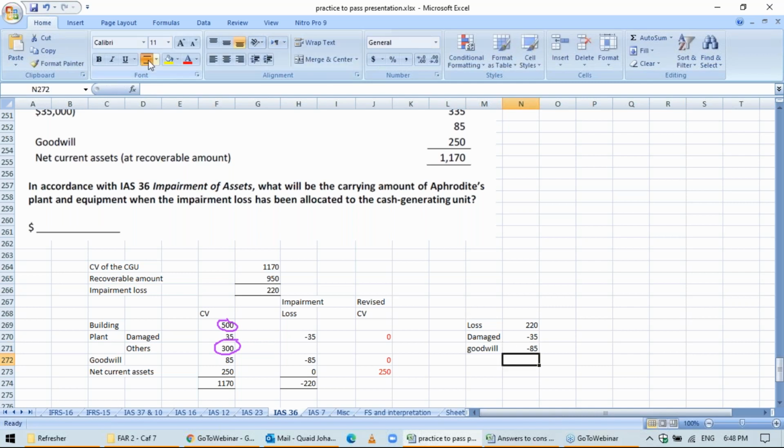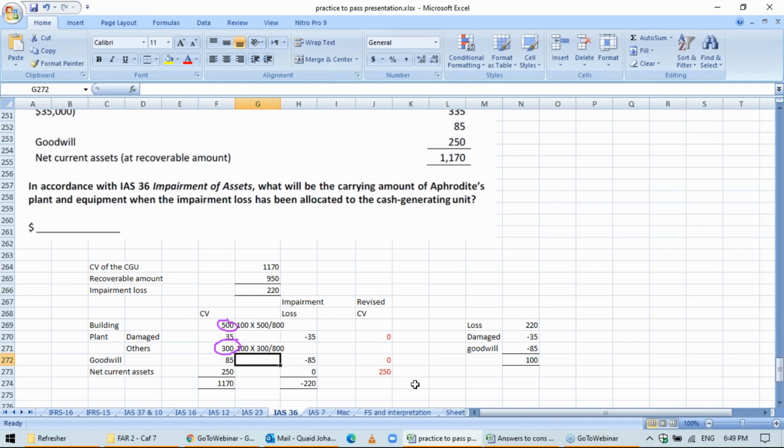Now how much is left? The remaining amount of loss that needs to be allocated is 100. So 100 needs to be allocated to these two items. 100 is the loss multiplied by 500, its own carrying value, divided by the total of both the assets' carrying values. And then again 100 multiplied by the carrying value itself, 300 of the others, and divided by 800.